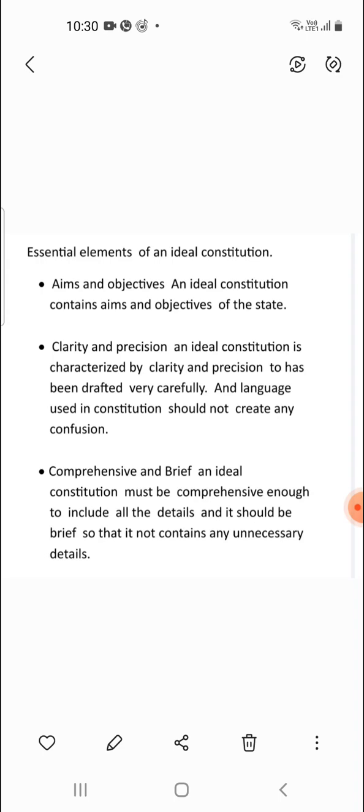Only the higher class enjoyed the higher status, and others were exploited.